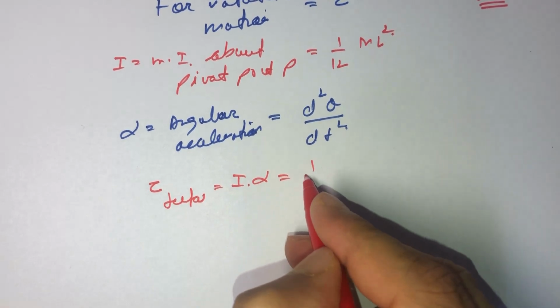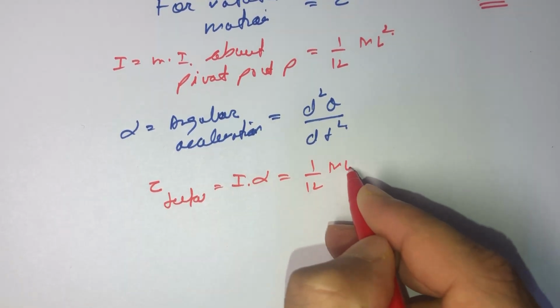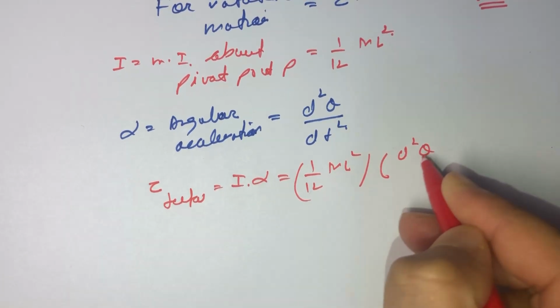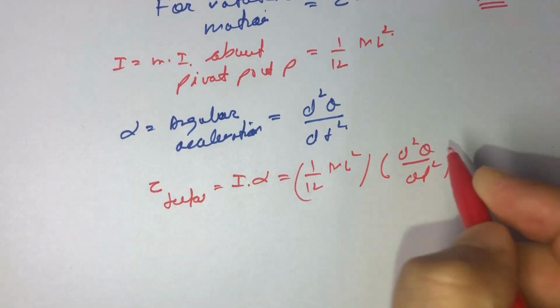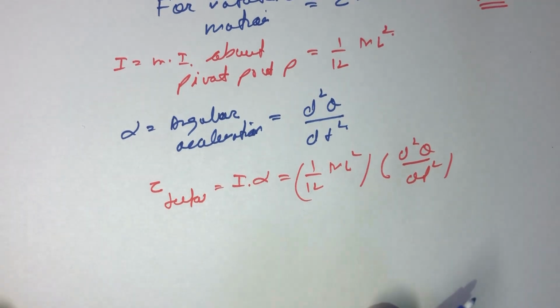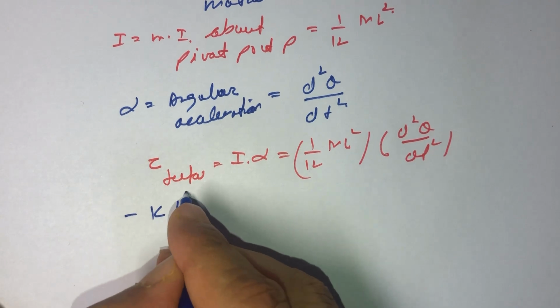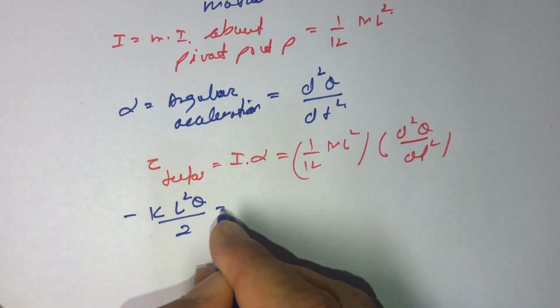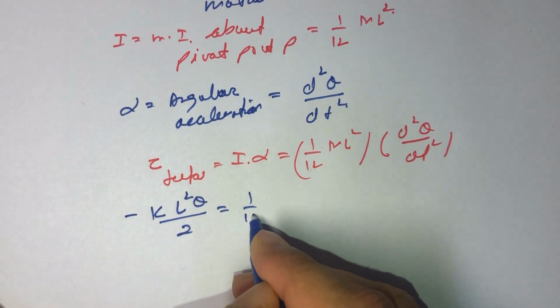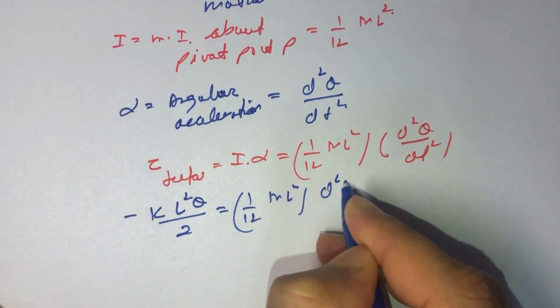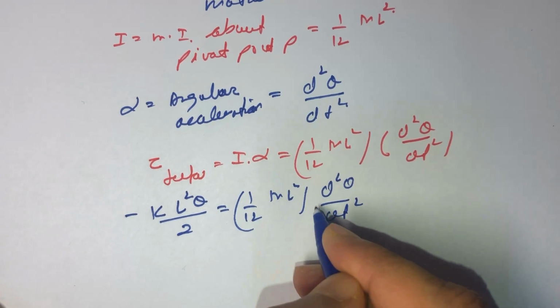So moment of inertia is 1/12 m L square, alpha is the double derivative of angle theta, and tau total we calculated as minus k L square theta divided by 2. So minus k L square theta divided by 2 is equal to 1/12 m L square times the double derivative of theta.